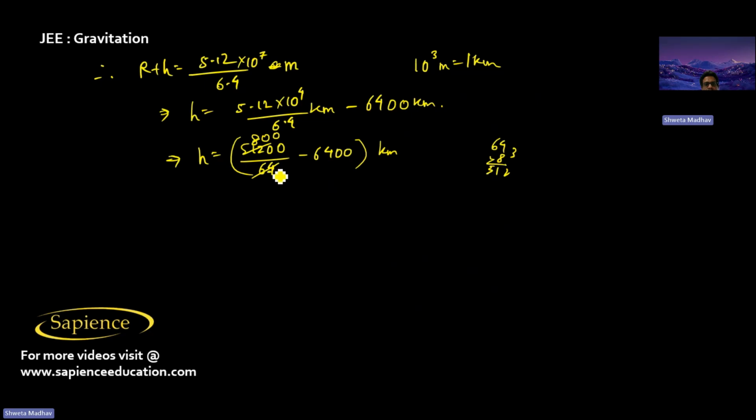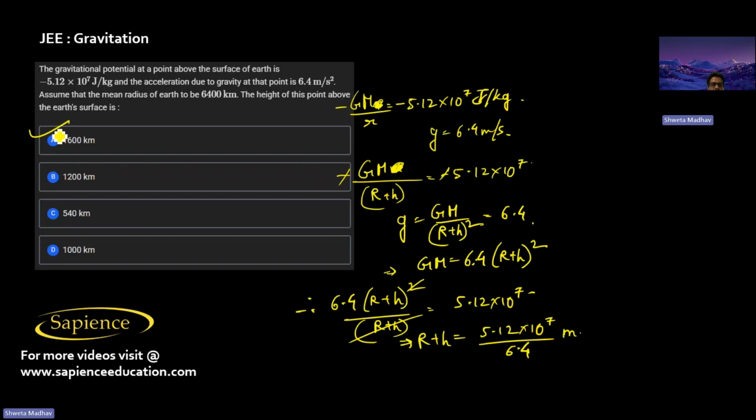So this is 6.4 actually, so we remove the point, this will be 1 more 0. It should be 8,000. So h should be 8,000 minus 6,400 kilometers. So this will be equal to 1600 kilometers. So option A is the correct answer.